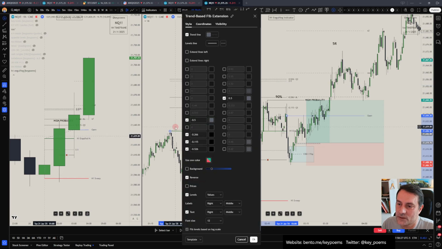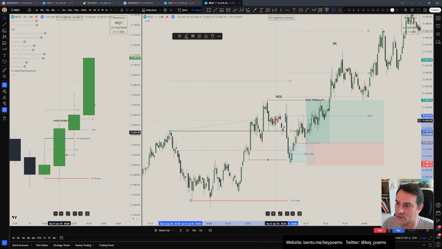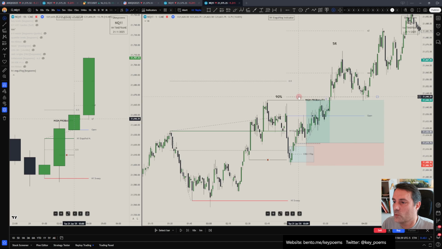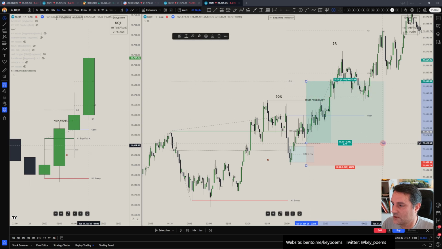Let's see what it comes up with, just to show you, because the probabilities that I am showing here are generic. Okay, it shows because it's reverted. So we have a very high probability, like you saw, to touch. So 75% of the times we will touch this level, and we're already at 2.7R.